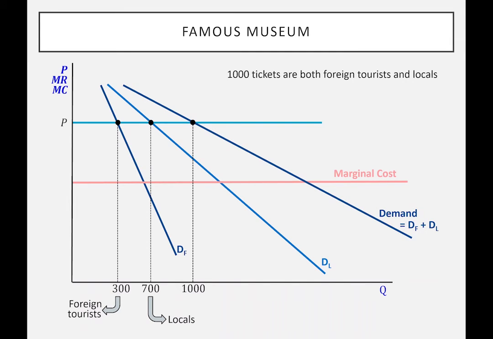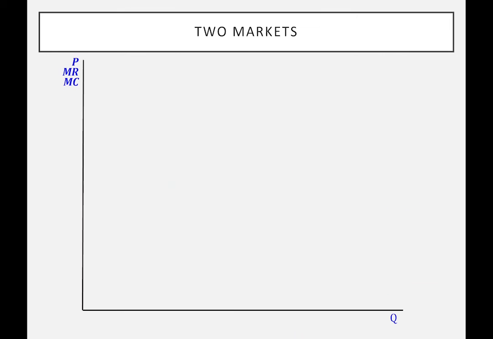So you can see here that if you were to add these curves horizontally, you'd wind up with the demand curve on the right. But at the same time, each one of these demand curves, whether it's for the foreigners or for the local people, has, in effect, a marginal revenue curve. And you can treat them as completely two different markets if you want. Let's do it that way. We'll treat them as two different markets.